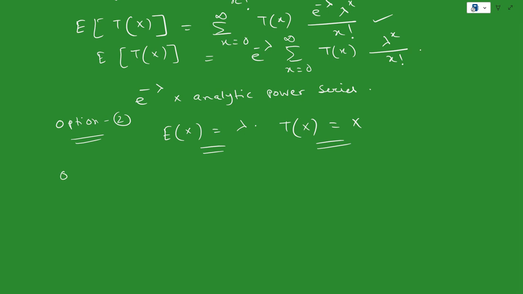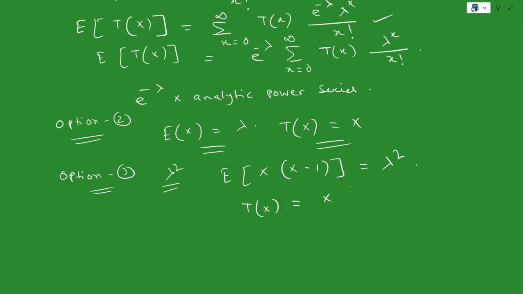Now option number three, lambda square. Can we estimate this unbiasedly? Recall that E[X(X minus 1)] equals lambda square. Hence the unbiased estimator is X into X minus 1. So this is estimable.